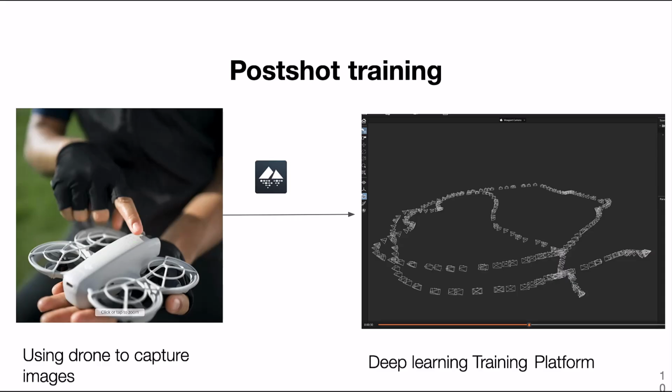But if you do have a drone, you can pick the places you want to get your video data from. You give it to this Post Shot app. It does the deep learning behind the scenes. As you can see, this is a flight path that I took with my drone. It's not very 360, but I wanted to talk about why it's important that it's 360. Well, 360 allows you to have a point of reference.